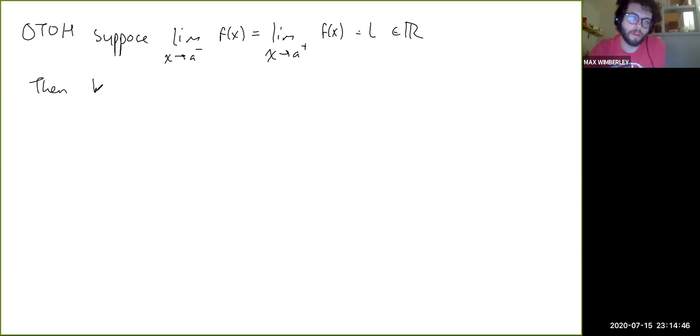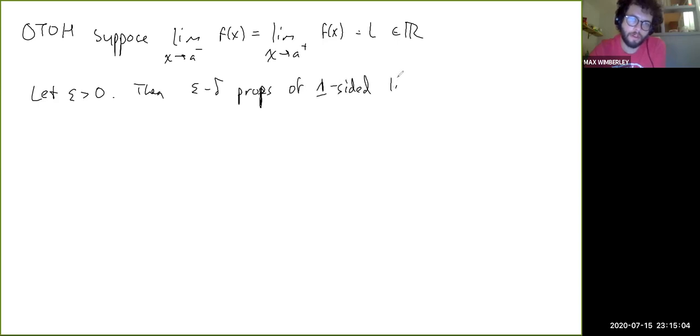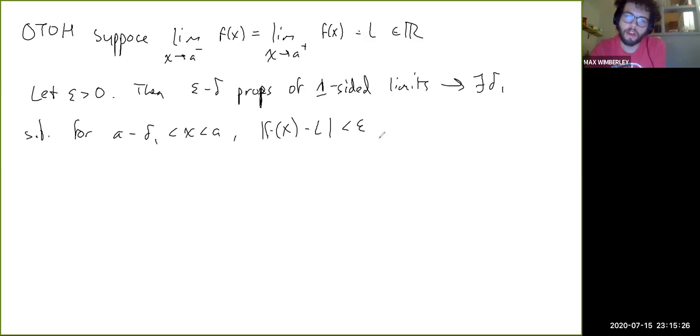If we let epsilon be greater than 0, then the epsilon-delta properties of one-sided limits tell us that there exists a delta 1 such that for a minus delta 1 less than x less than a, absolute value of f of x minus L is less than epsilon, and a delta 2 such that for a less than x less than a plus delta 2, the same holds.